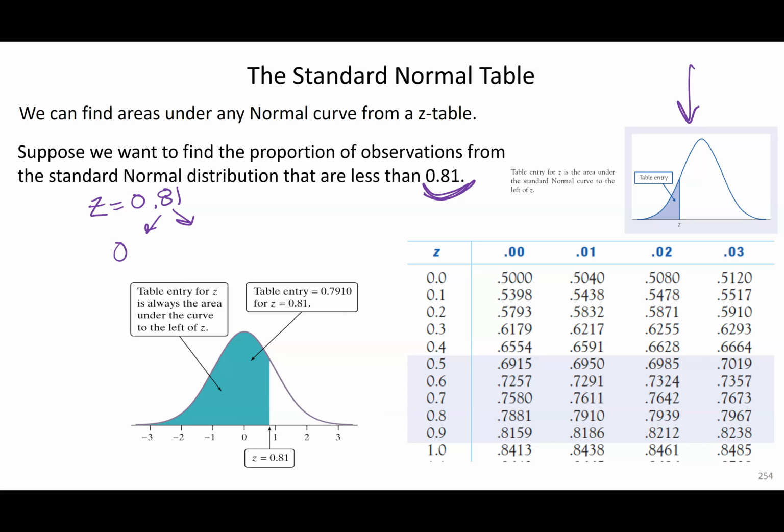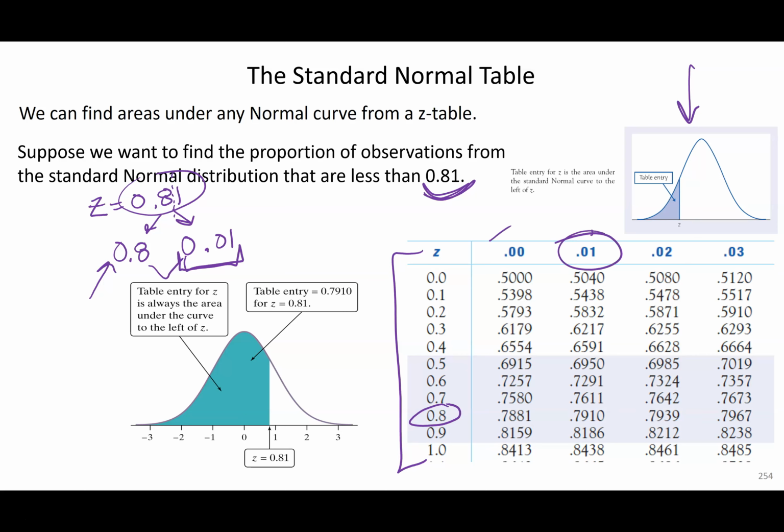So here I have this 0.81. I'm going to break it off into 0.8 and 0.01. The idea is if I combine them, I would get back to 0.81. So this part tells me which row to use, so I'm going to go for 0.8. And this tells me which column to use, so 0.01.